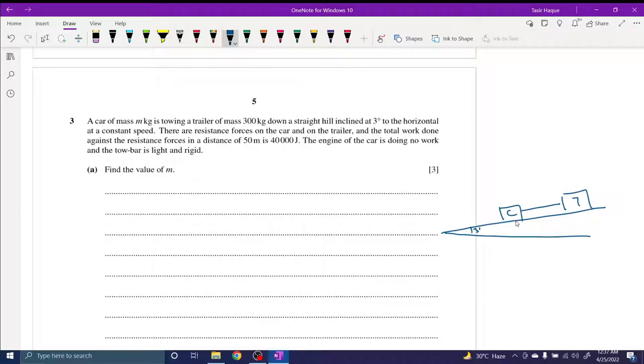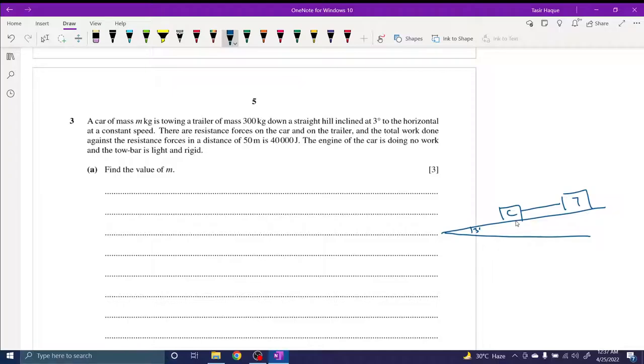There are resistive forces on the trailer, and the total work done against the resistance in a distance of 50 meters is 40,000 joules. The engine of the car is doing no work, and the tow bar is light and rigid. So what's the energy conversion? Basically, since it's going down the hill, it's losing GPE.